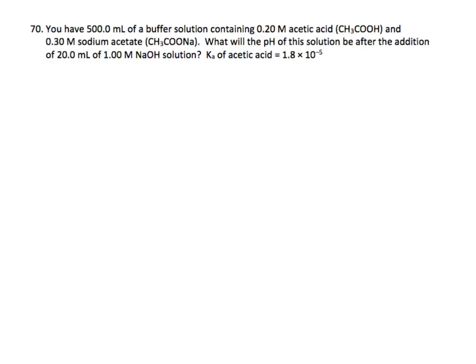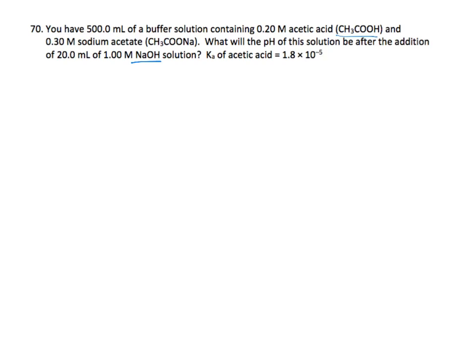Question 70, we have 500 milliliters of a buffer solution containing 0.20 molar acetic acid and 0.30 molar sodium acetate. What will the pH of the solution be after we add some sodium hydroxide? So we're adding strong base into this buffer situation. Strong bases will react with acids, so we have acetic acid present to begin with that will react with this sodium hydroxide.